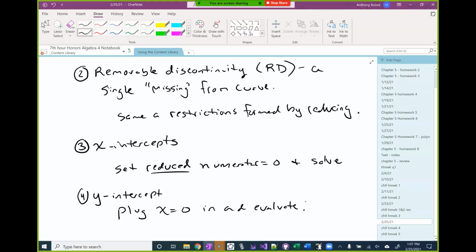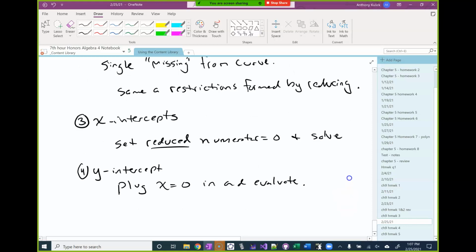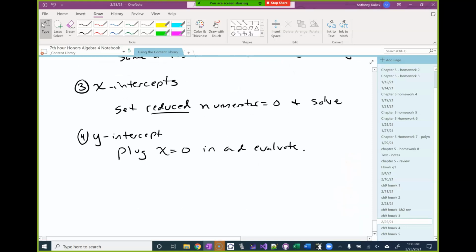And the last piece are the other asymptotes or end behaviors.